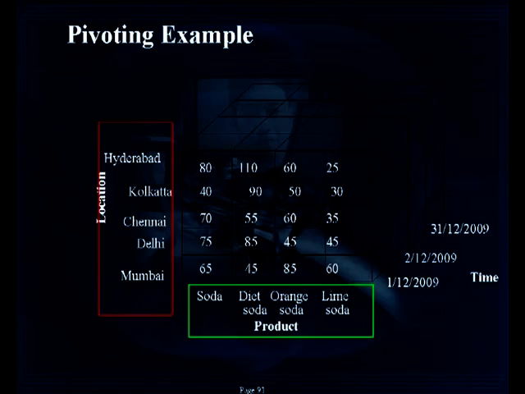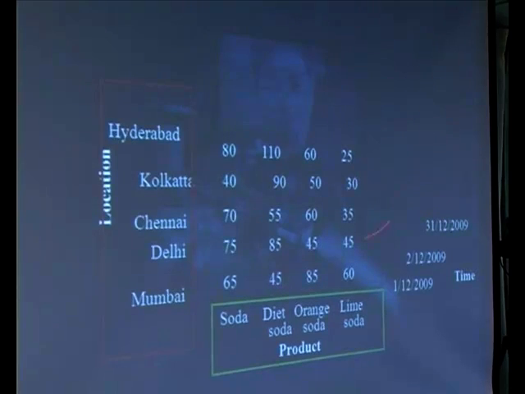So to answer the second part, I'll take an example of how pivoting behaves. Suppose you take a data cube of 3 dimensions where time is one dimension, product is another dimension, location is another dimension. This is the x-axis, this is the y-axis, this is the z-axis.